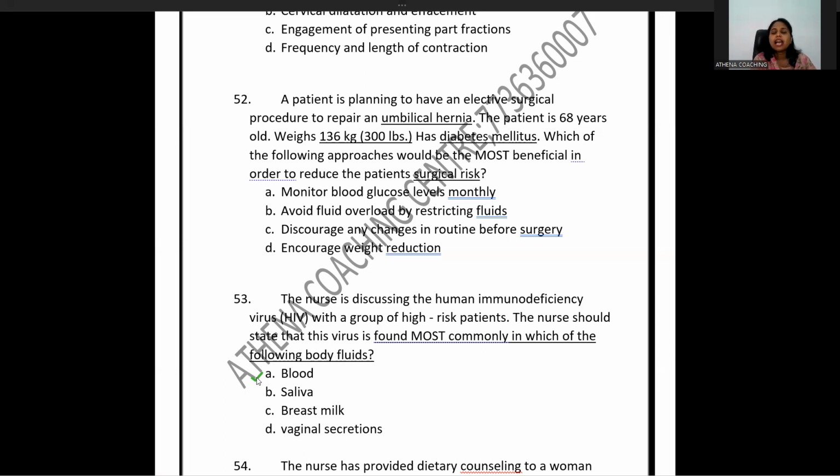And early identification is really important, and it can be treated by antiviral medications or retroviral therapy. Okay, so this is all about this question. And there are many more to talk about HIV, but when we learn maternity and when we learn immunity related nursing, we will learn HIV in detail.